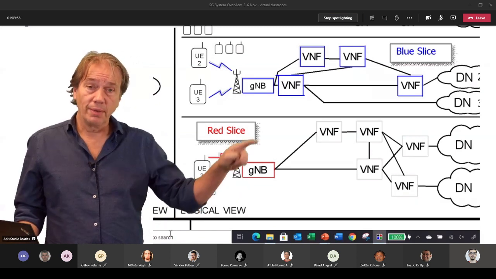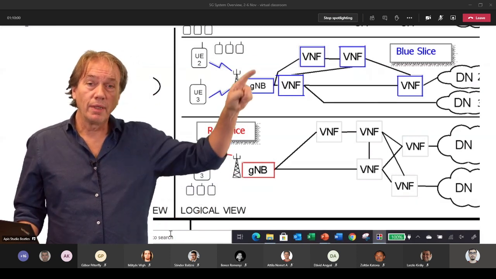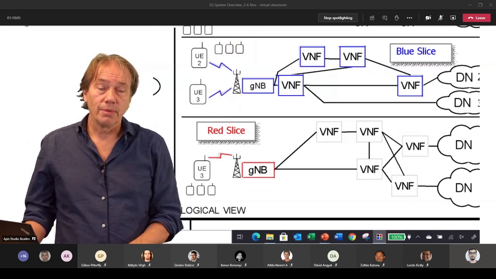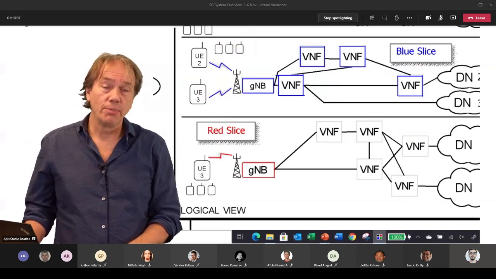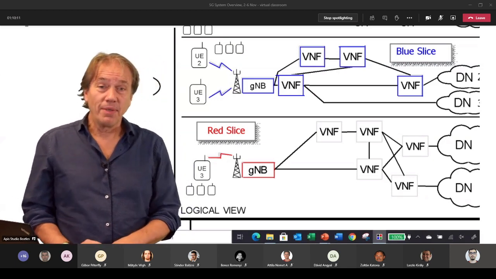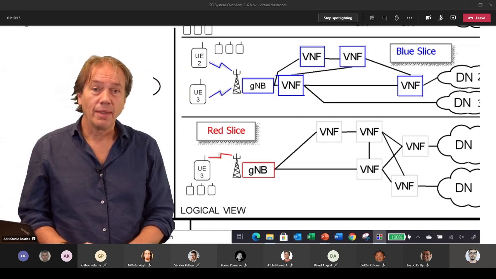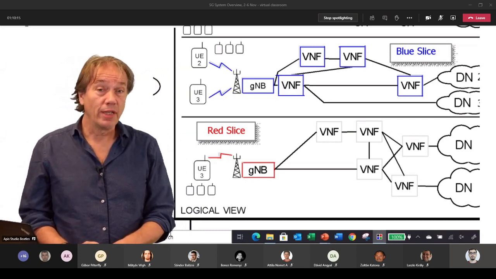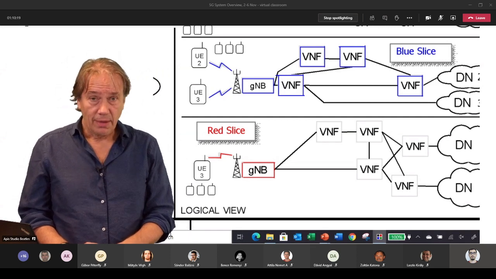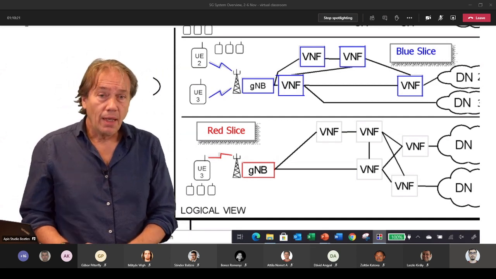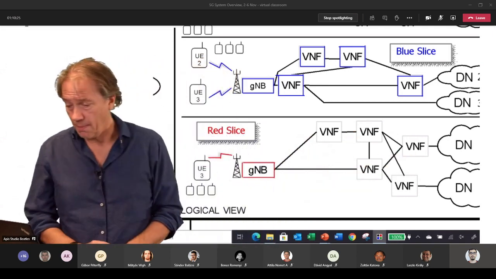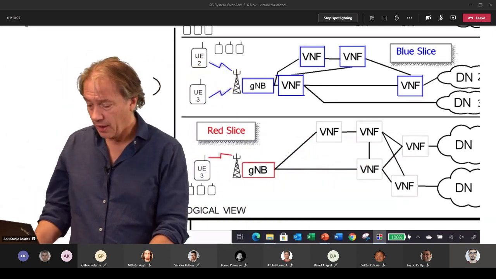But this is the same as that one and the same as that one. It's the same physical gNB, but the capacity has been divided into 3 network slices. And we had 1, 2, 3, 4, 5, I suppose, red VNFs.